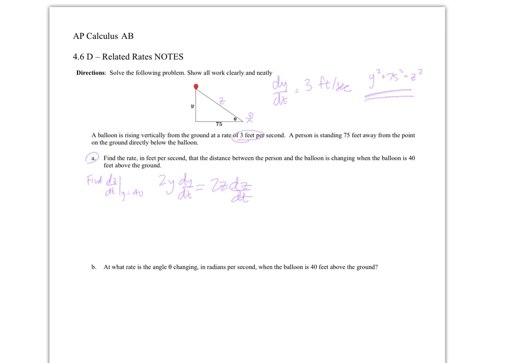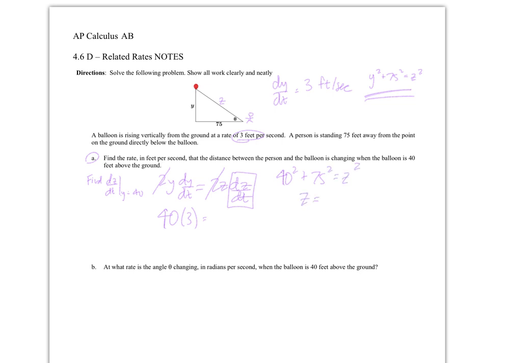And hopefully I have enough to plug in here. Let's see. I'm going to get rid of the 2's on each side. So I've got a y value. I have a dy/dt value. I am trying to find this, but I don't have a z. So let me come off into the margin and find my z. 40 squared plus 75 squared equals z squared.